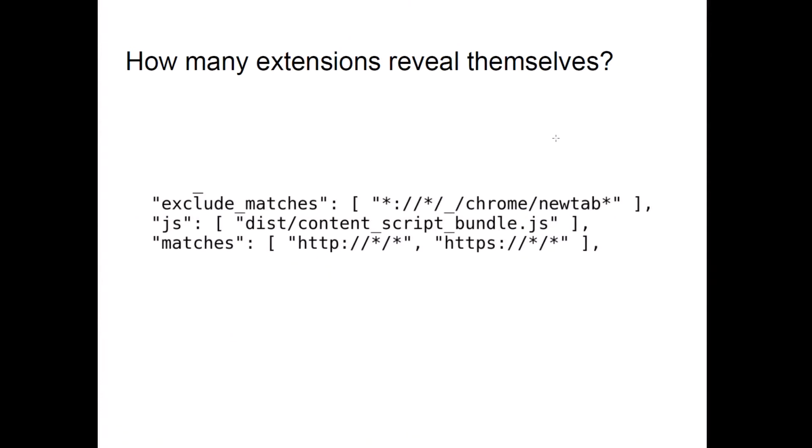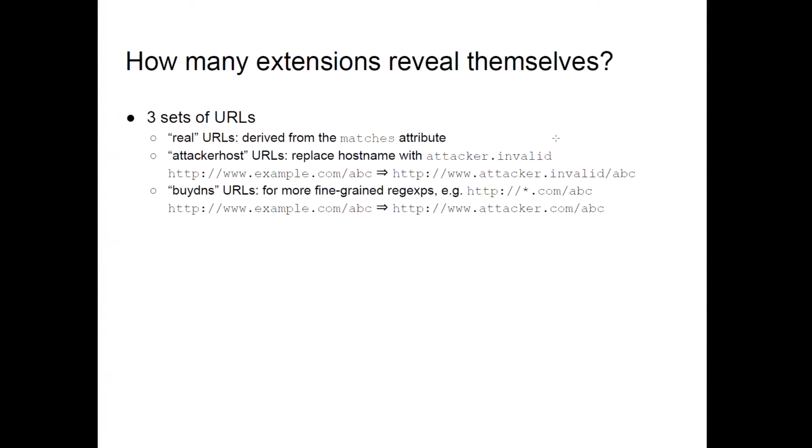So we use these manifest files to derive three sets of URLs. One is the real URLs, which we derive from this matches attribute for the content scripts. Then we have attacker host URLs, where we just replace the host name with attacker.invalid. So example.com/abc becomes attacker.invalid/abc.